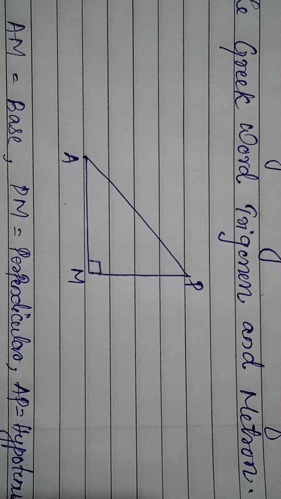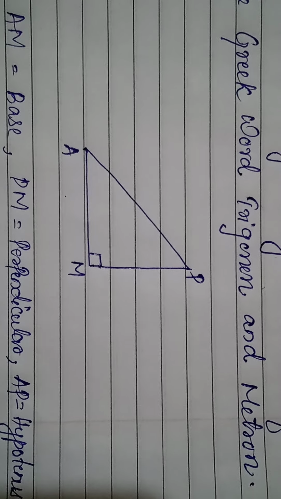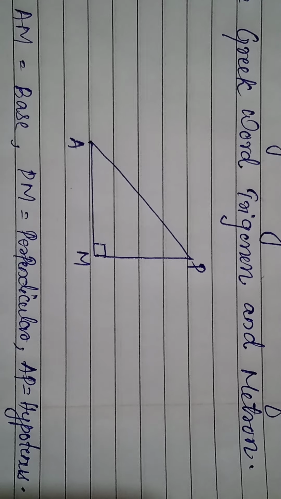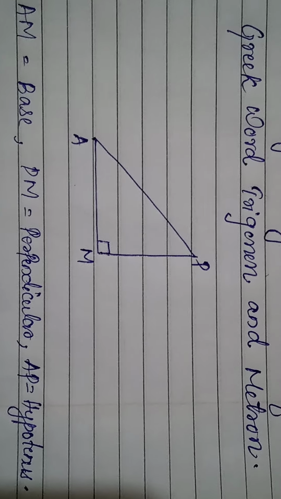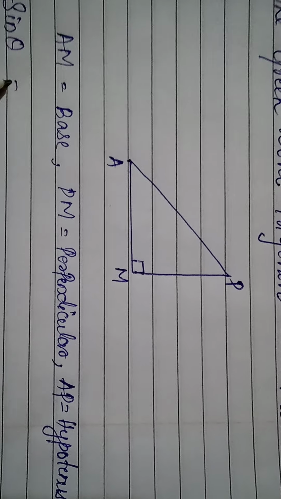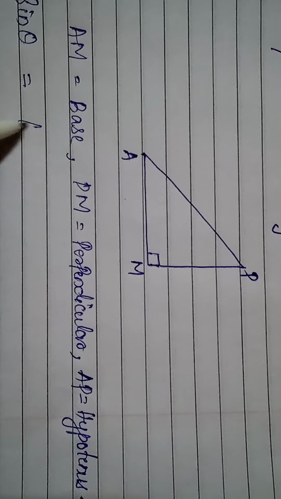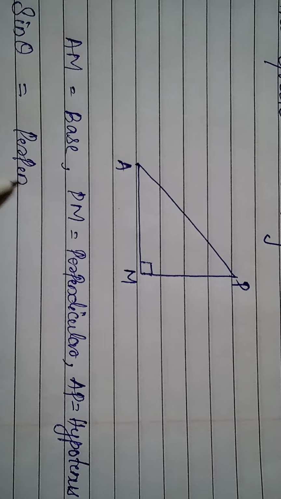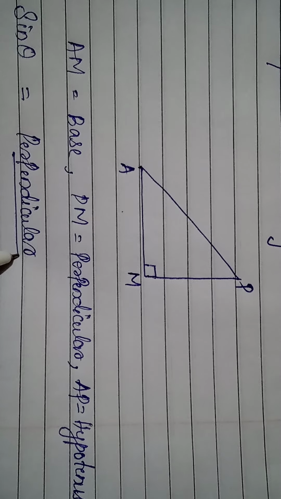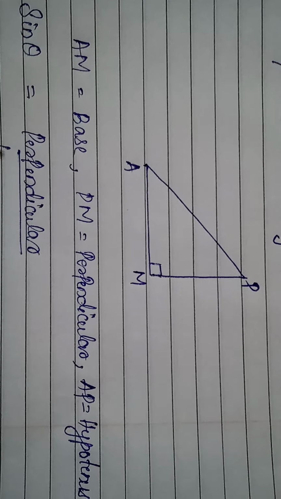So now we define the following trigonometric ratios using this right angle triangle. First one is sin theta. Sin theta equals perpendicular by hypotenuse.